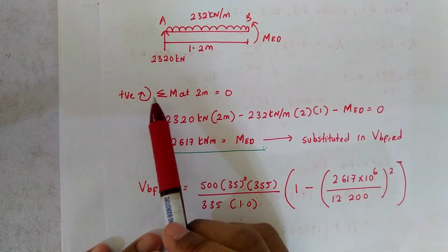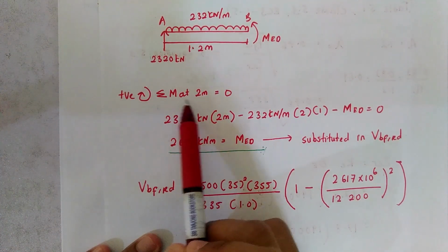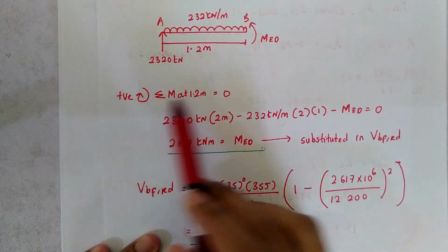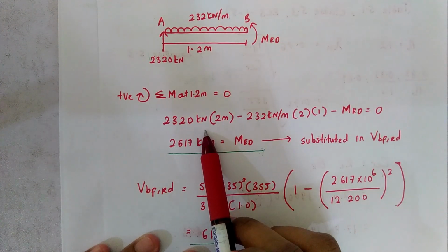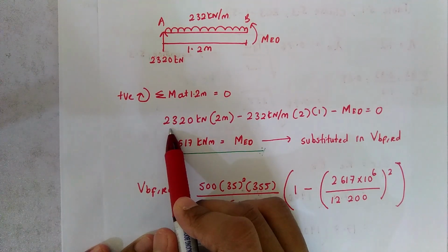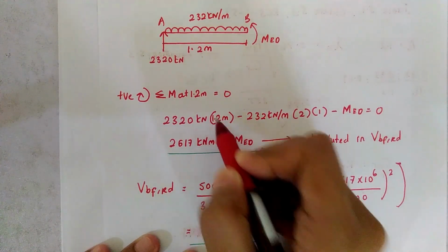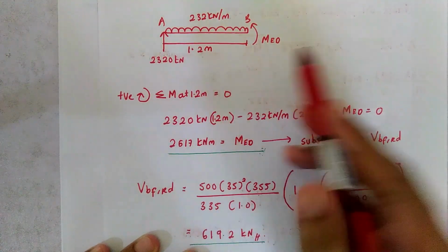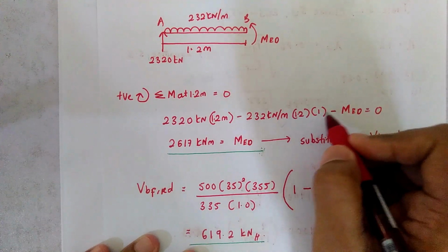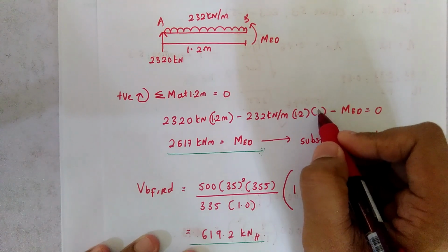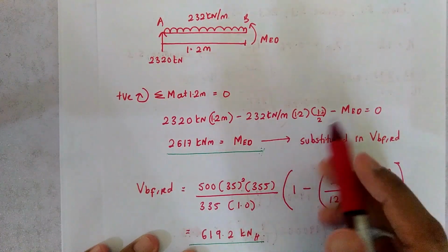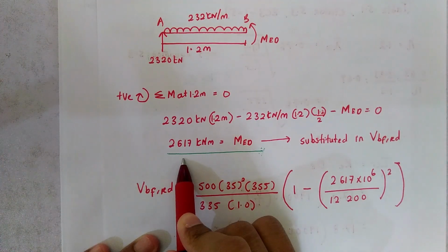So by taking the equilibrium of forces, summation of moment at 1.2 meter, positive, equals to 0. So then 2320 times 1.2 meter, minus 232 times 1.2 divided by 2. Once you calculate it, you will get 2617 kilonewton meter.